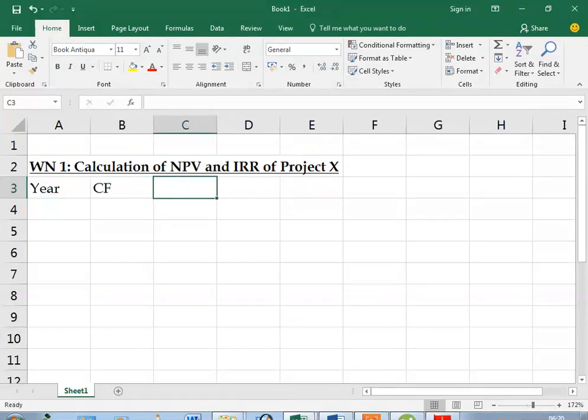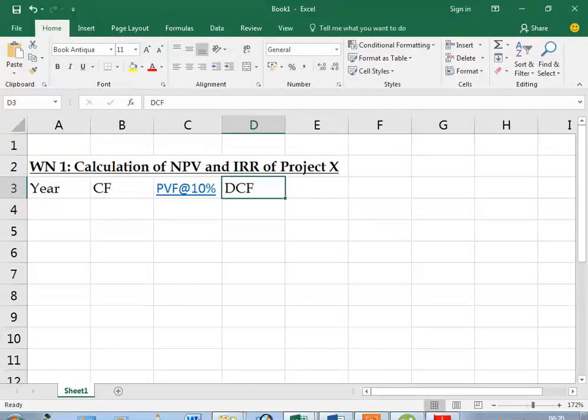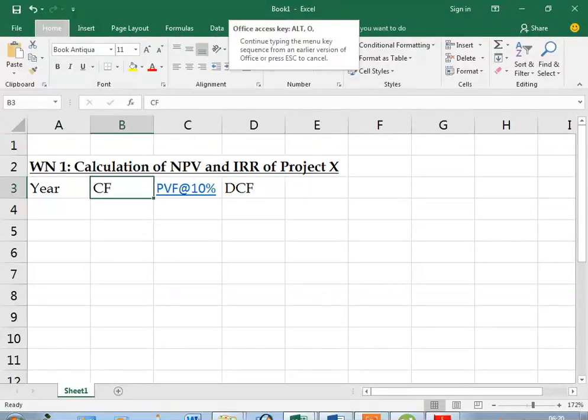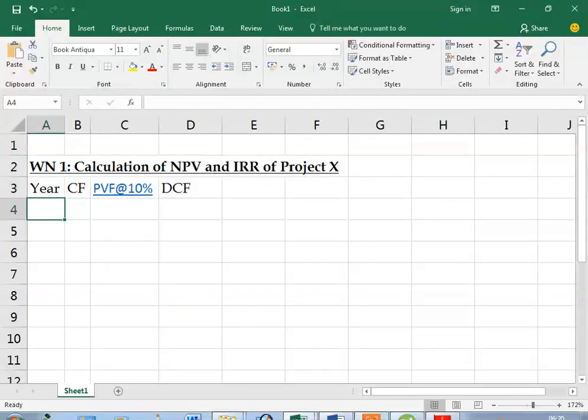You will have space for another 4 columns because for IRR you will need 2 more iterations. Year, cash flow, PVF at what rate? 10%. Year, cash flow, PVF at 10% and DCF. Capture whatever is there in the question.